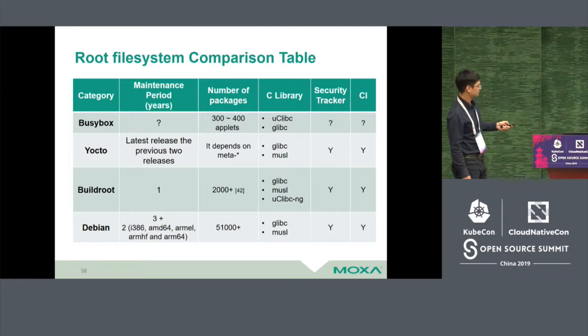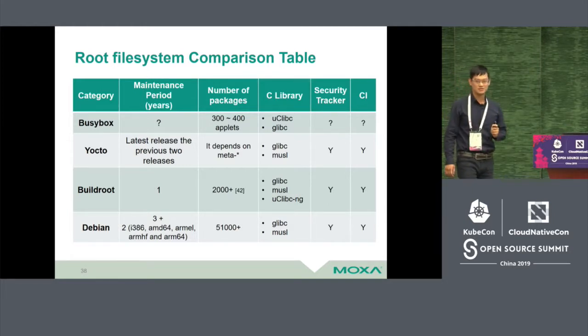And Yocto, the famous project in the Linux Foundation, its lifetime only supports the previous 2 releases, and for the C library it only supports glibc and musl. For Buildroot, the famous root file system and build tool in embedded systems, the maintenance period is only 1 year.